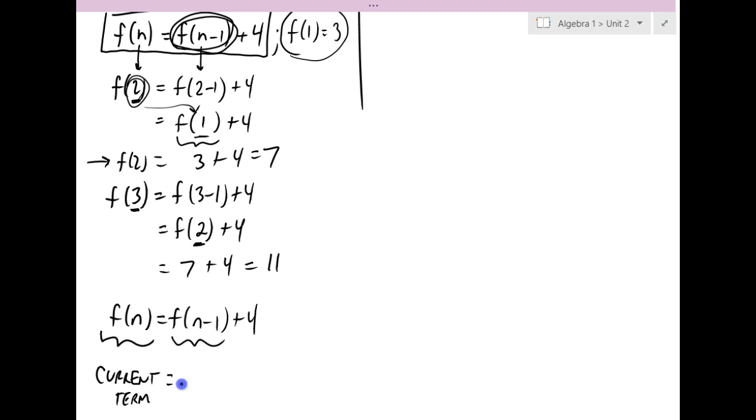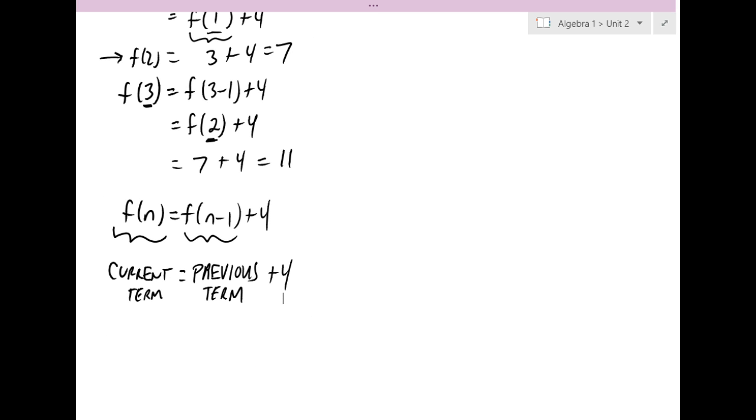So this would be the previous term. So if I want to find out what the current term is, I just take the previous term and add 4. Okay? So to get any term, all I have to do is find out what the previous term was and add 4.